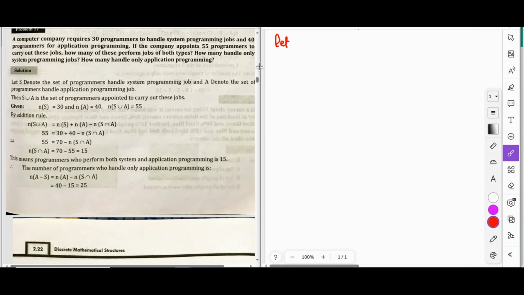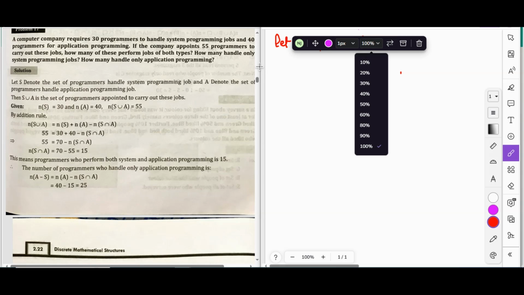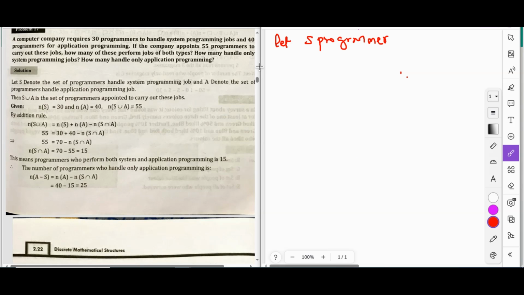Let S denote the programmers who handle system programming jobs.